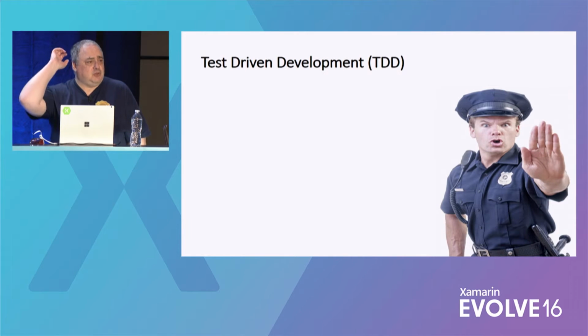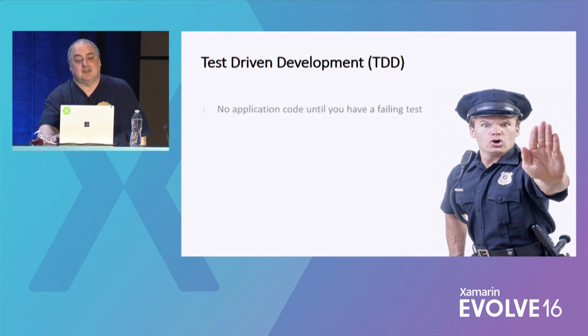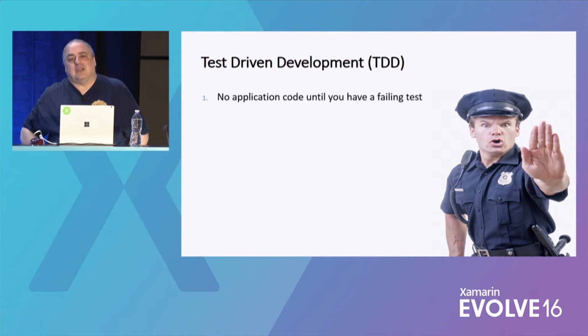There are a few guidelines that have proven helpful in test-driven development. There are no TDD police as far as I know. So these are just guidelines. But these are very powerful guidelines. They've been extremely helpful for a lot of us. One is that you do not write application code until you have that failing test.